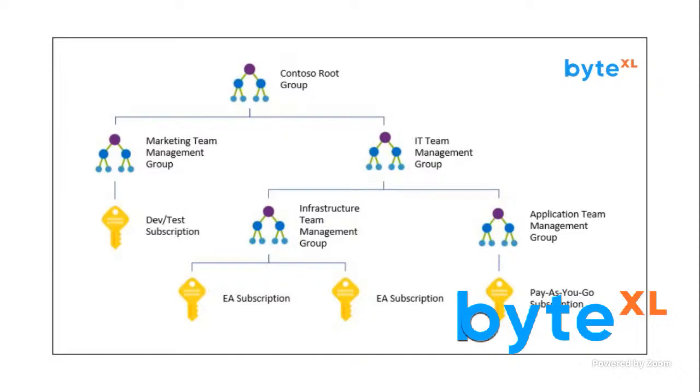This policy is inherited by all the enterprise agreement subscriptions that descend from the management group, and applies to all the virtual machines under those subscriptions. The security policy cannot be altered by the resource or subscription owner, which is good from a governance perspective.